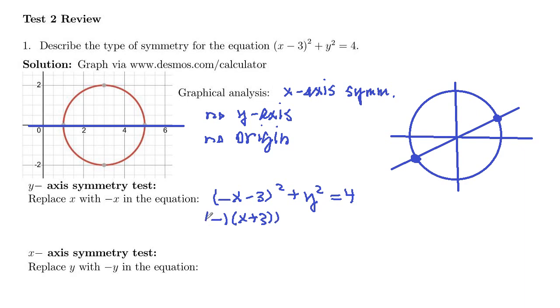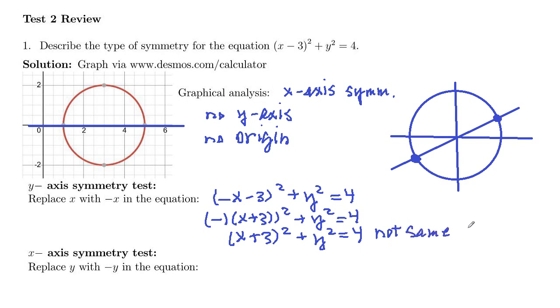And that whole thing gets squared, plus y squared equals 4. And then if you square this negative 1, you get a positive 1. So this just gives us x plus 3 squared plus y squared equals 4. So that's simplified. That is not the same as the original equation. So this is not equivalent. So no for y-axis symmetry, which is what we saw up here.